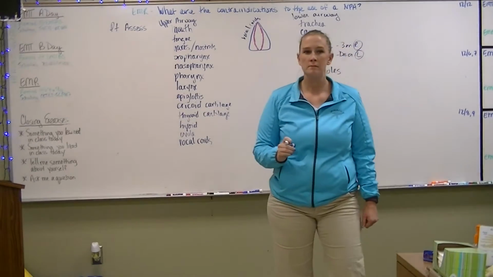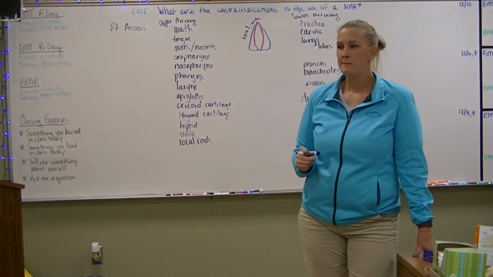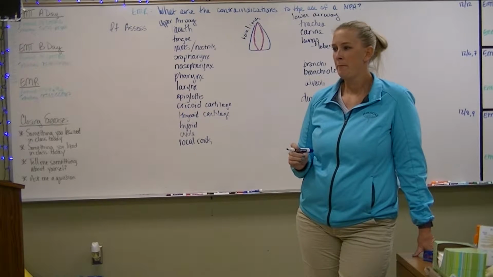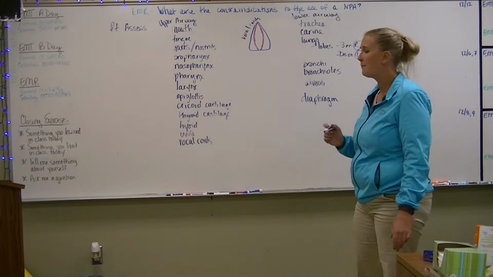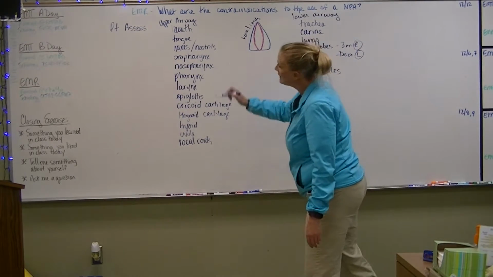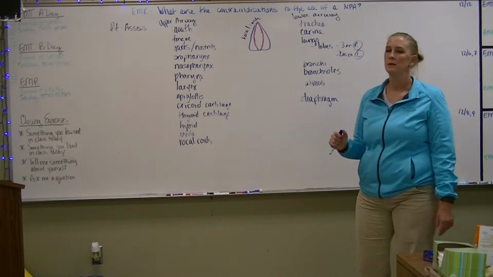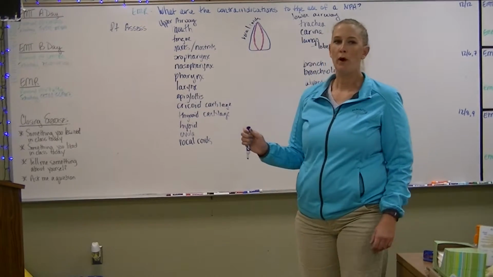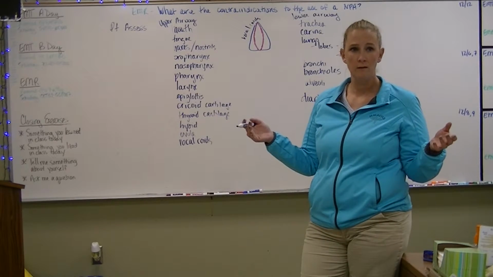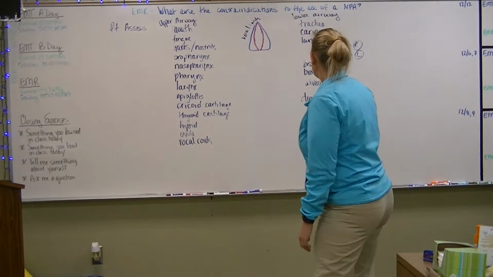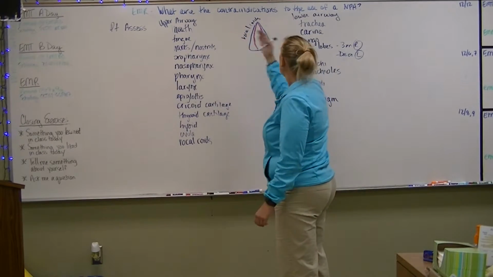Anything else? Pulmonary capillaries. Okay, we have pulmonary capillaries. Is that part of our airway system or is that part of our circulatory system? It's going to be part of our circulatory system, but it's still a really important structure that we find in our lower airway, right?